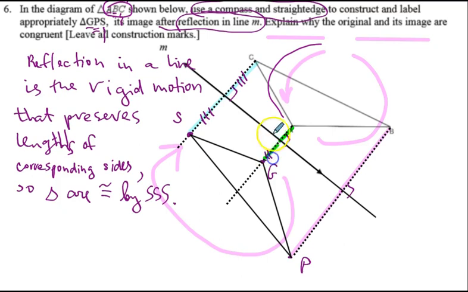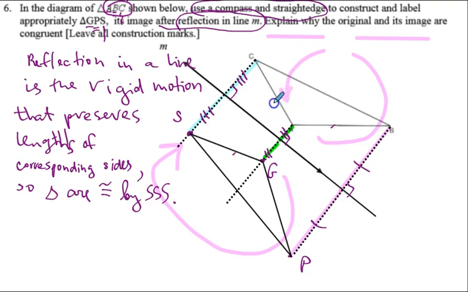So let me just make sure that I mark these corresponding sides congruent. Of course, then this length would be the same as this one, and this one would be congruent to that one. And whatever construction marks you have after using your compass should remain on this diagram.